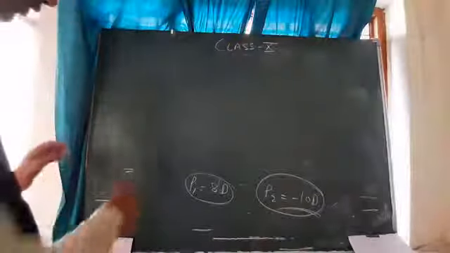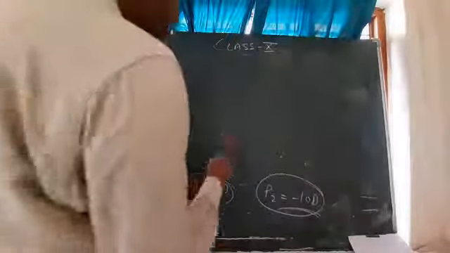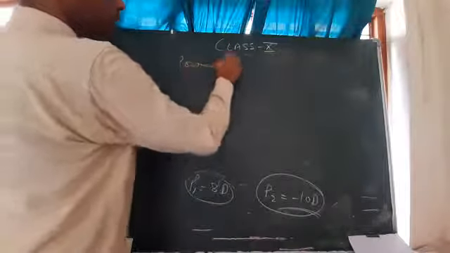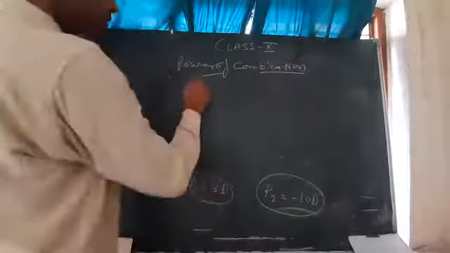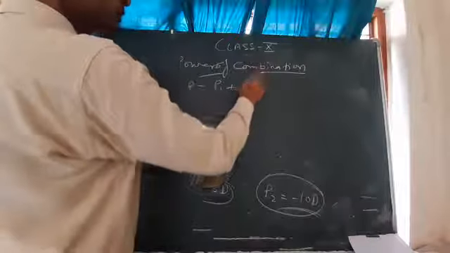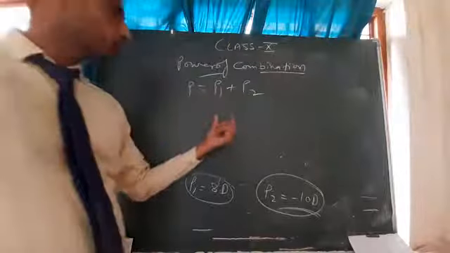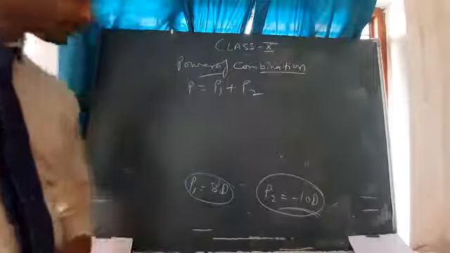So as you know, the power of combination P equal to P1 plus P2. We can find the power of combination by the algebraic sum of the given lenses.